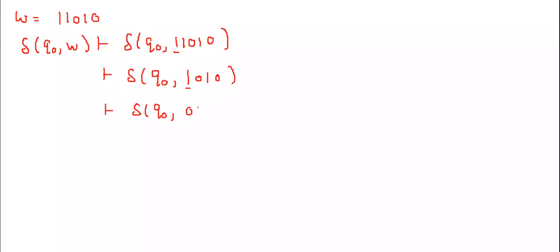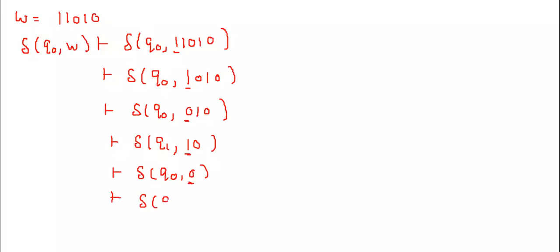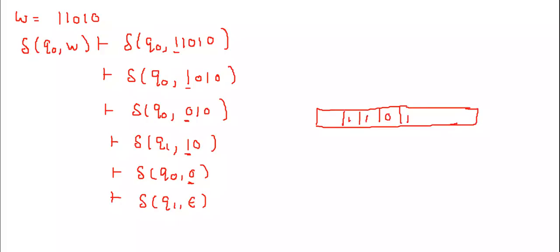Now 0, 1, 0. Upon seeing 0 on Q0, you are going to Q1 and the remaining string is 1, 0. Upon seeing 1 on Q1, you are going again to Q0 and 0. Upon seeing 0 on Q0, you are going to Q1, and after completing all the symbols in the input tape, suppose the input tape will be like this: 1, 1, 0, 1, 0.